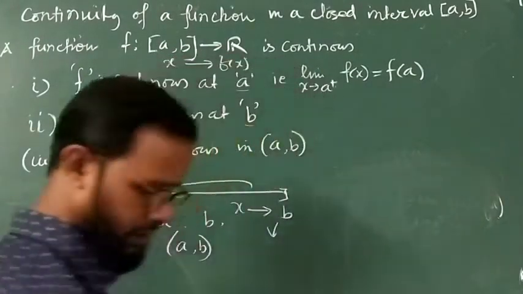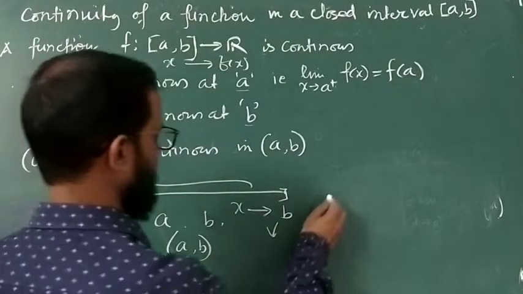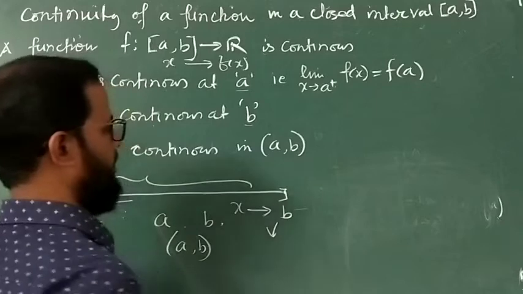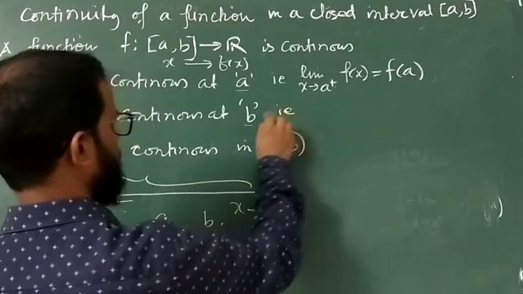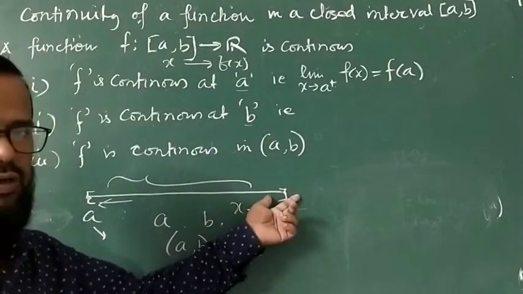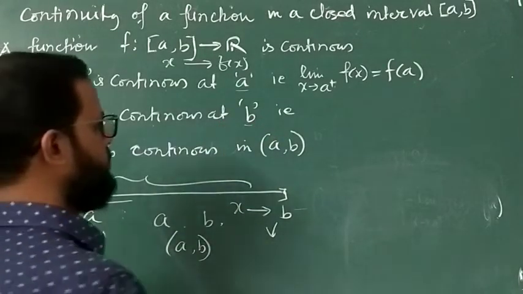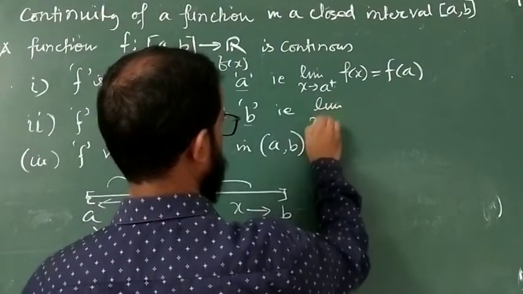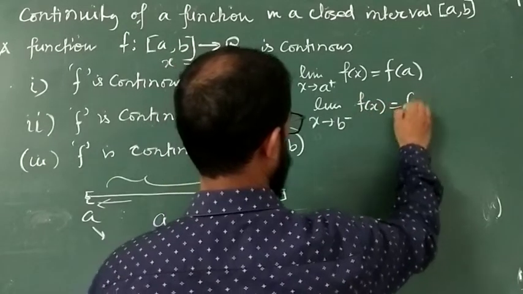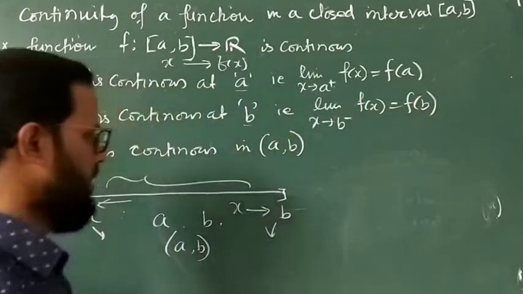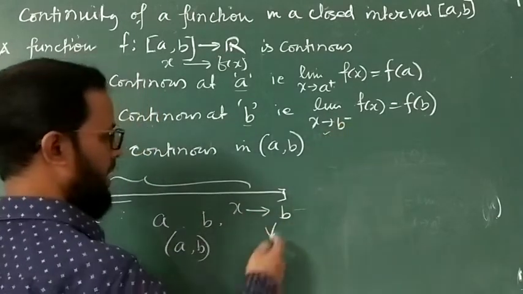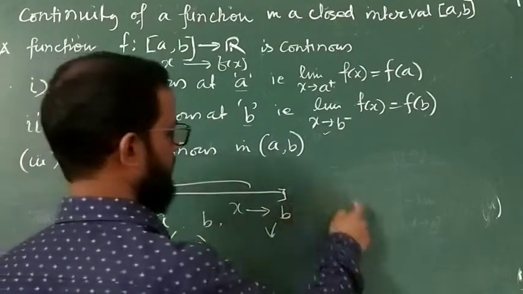If you want to show that the function is continuous at B, the right end point of the closed interval, it is sufficient to show that limit as x tends to B minus of f(x) equals f(b). Since x approaches B from the left, you get the left hand limit, which is equal to the functional value, and there will be no right hand limit.